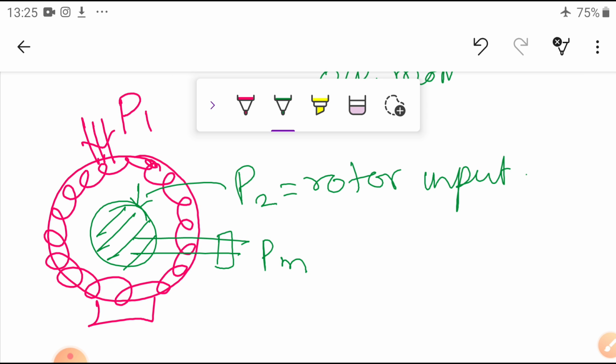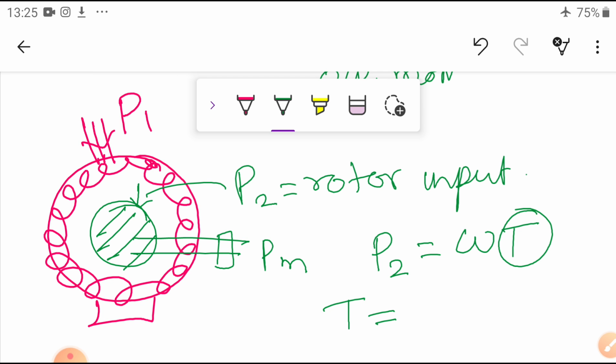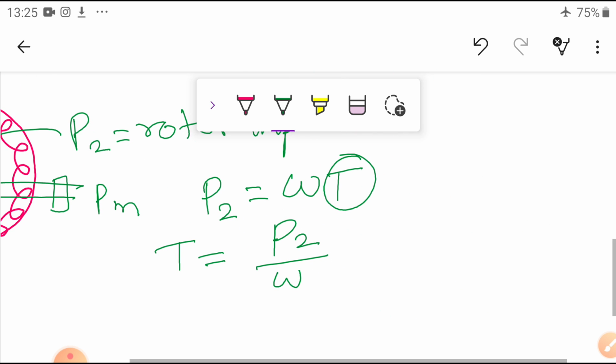As we know, P2 is the rotor input power, or the output of the stator. The rotor input, we can write, is angular velocity into torque. So our aim is to find the torque here only. The torque I can write as P2 by omega. What is omega?